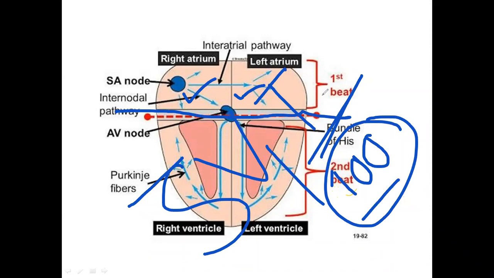And I said tachycardia produced from atria is superior to the ventricle, so it's called supraventricular tachycardia. So SVT, or supraventricular tachycardia, means an abnormal beat produced from the atria.